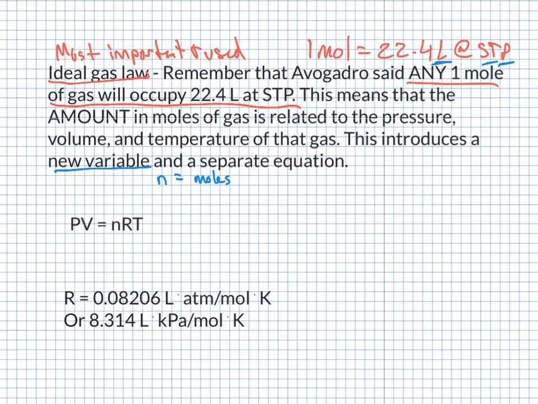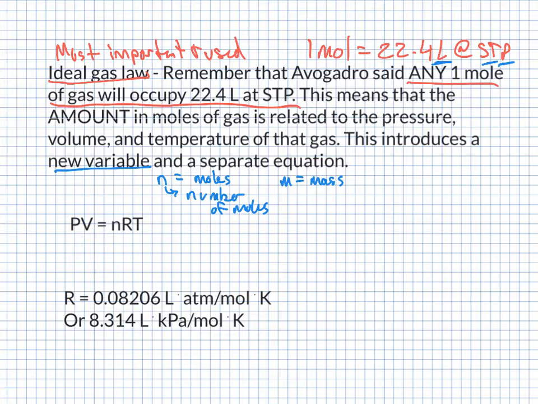Don't ask me why n stands for moles, but the lowercase m would be mass, so we can't have it stand for moles. I think this lowercase n really stands for number of moles, and that's why n is moles.